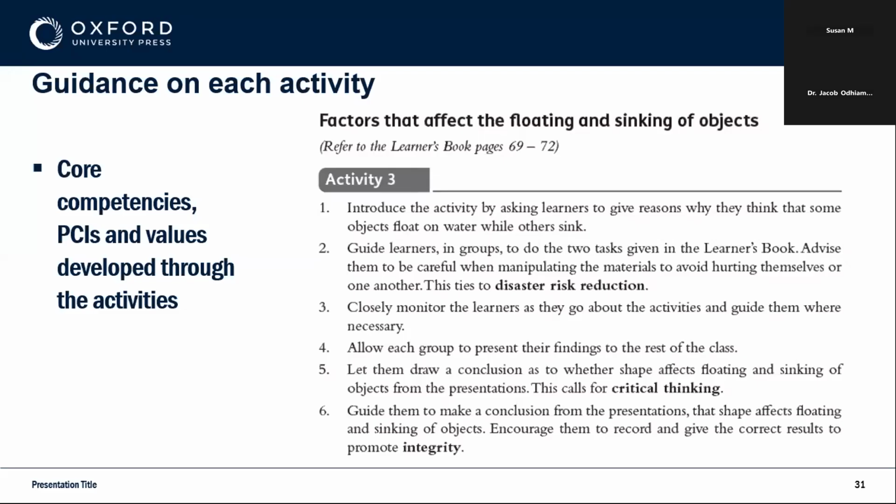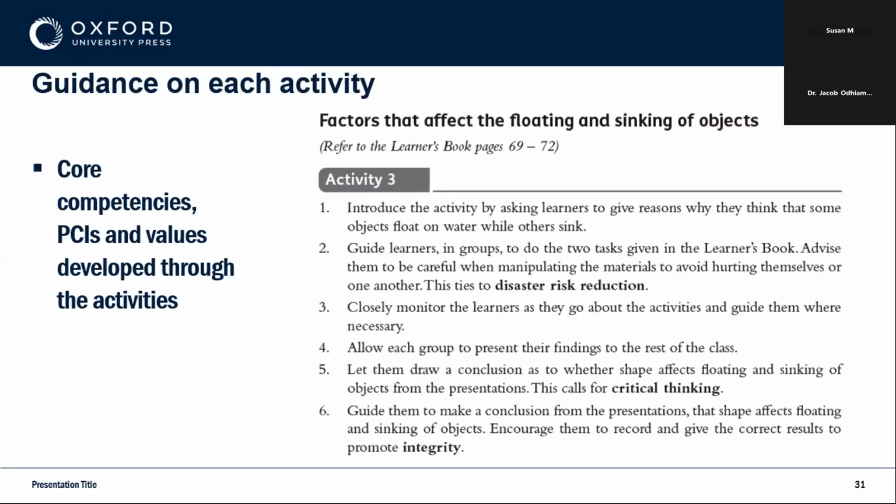Again, the value of integrity is also infused there. Integrity being honest. So as they record the findings, a learner can just look at the findings of another person and then copy. And then they say, this one I observed, that learner is not displaying integrity.